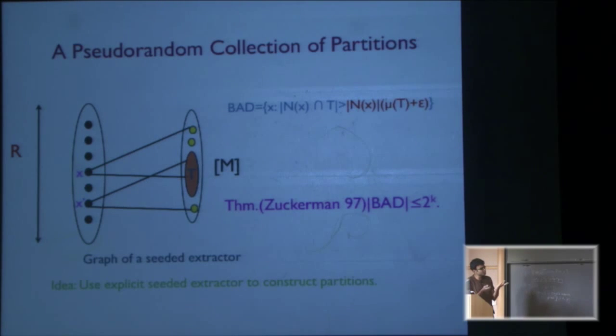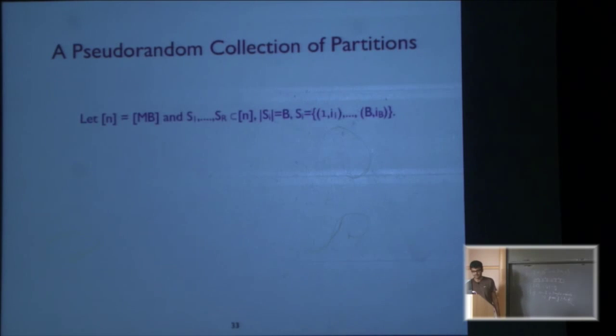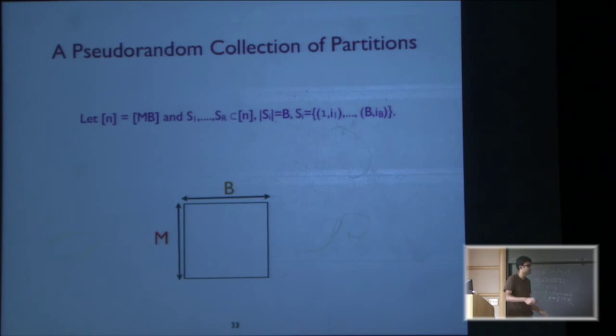And the idea is to use this to come up with partitions, even though it's not directly clear. This is a very high-level idea. Think of n as m times b, for b small. Suppose we have a collection of subsets of size b, each of this form: (1, I1), (2, I2), through (b, Ib). You can think of this as a box.